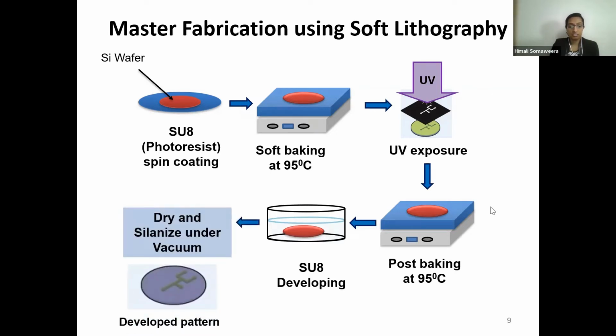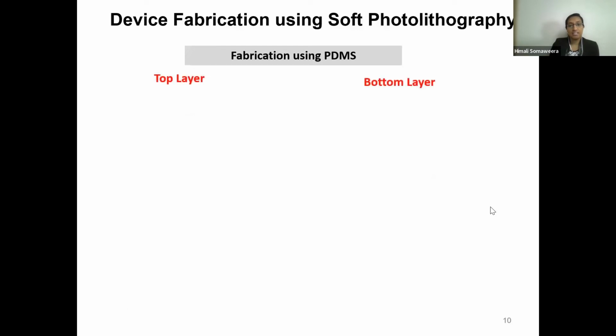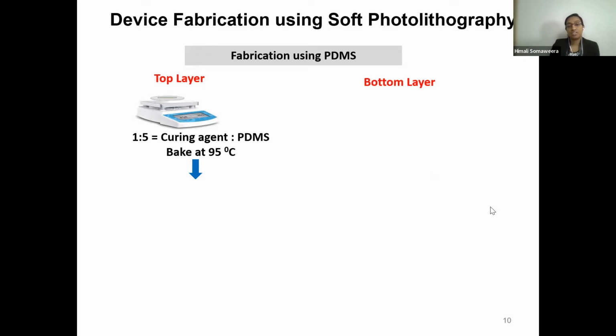And you develop the pattern. Once we have the desired pattern, we use PDMS for the fabrication of the chip design. As I mentioned, in my chip design there's a top layer and a bottom layer. The top layer is the fluidic layer, and the bottom layer is the vacuum layer. For the top layer, we use a 1 to 5 curing agent ratio. The curing agent is used to make the PDMS hard, because PDMS is like a slimy material.